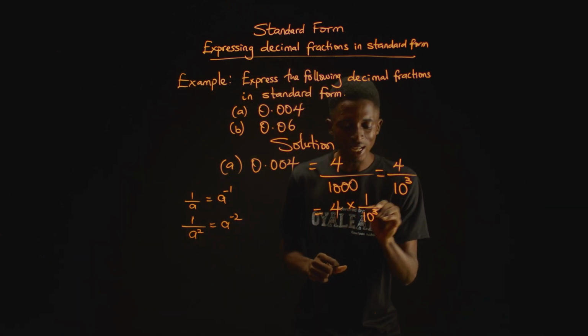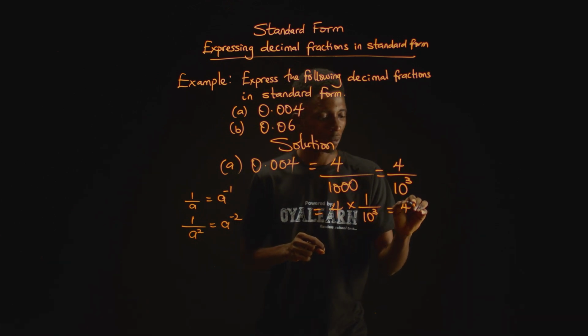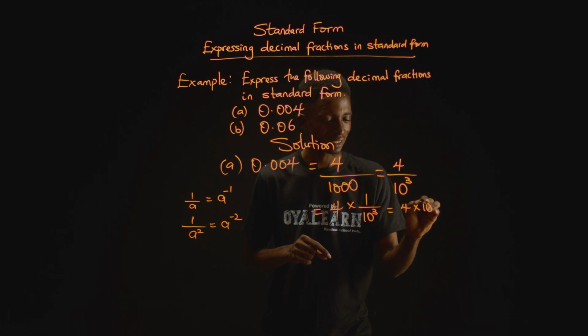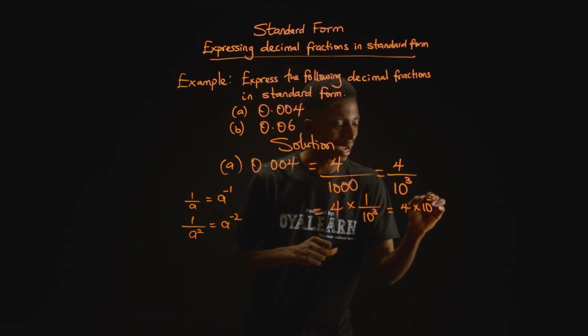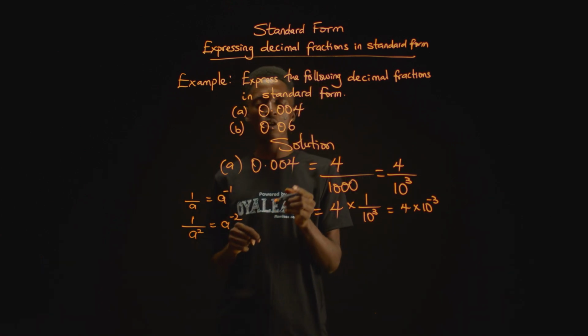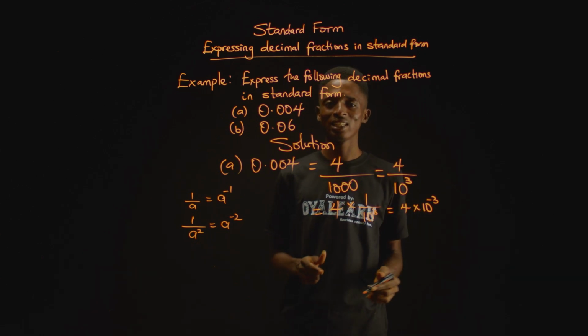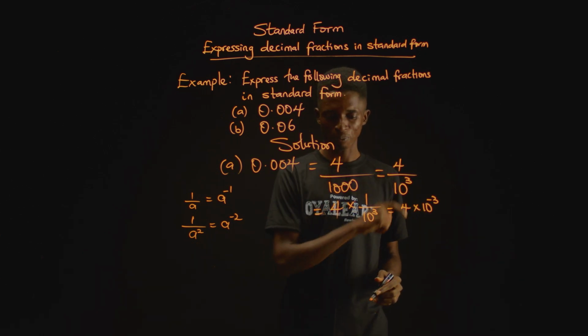So if we take this further, we're going to have 4 multiplied by 10 raised to power minus 3. Therefore, 0.004 becomes 4 times 10 raised to power minus 3 in standard form.